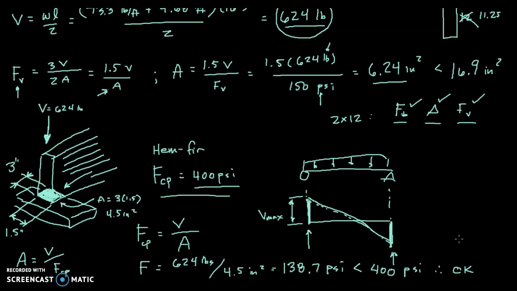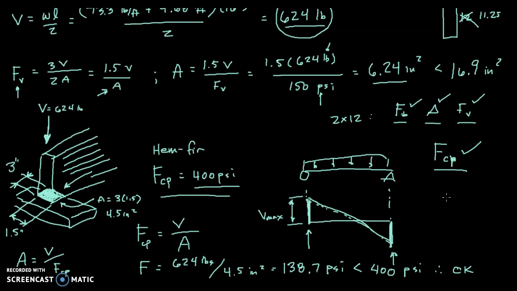So we have now checked bending stress, deflection, shear, and the compressive stress perpendicular to the grain. Sorry, that should be F sub CP, and it is good as well.